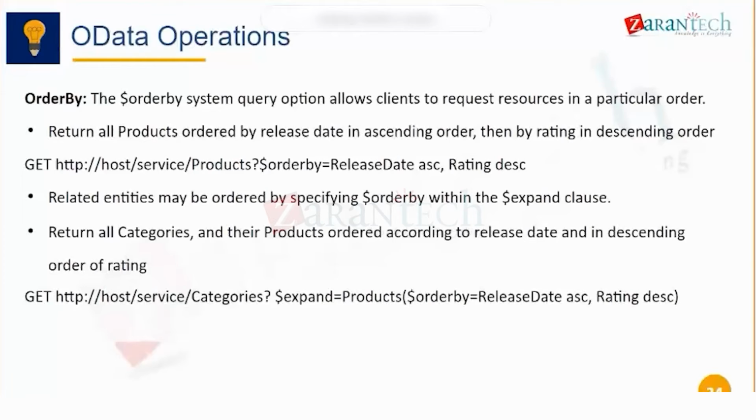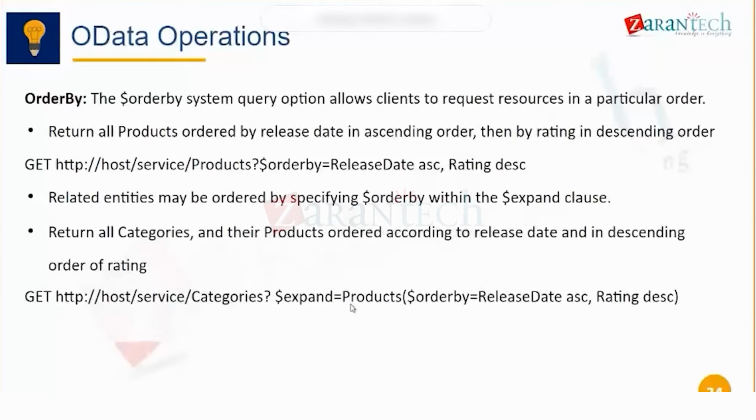In this get query that you see here, the products are ordered by release date and based on the rating description. Related entities may be ordered by specifying order by in which the expand clause is included. So you can include some expand clause if you want to order with additional categories.